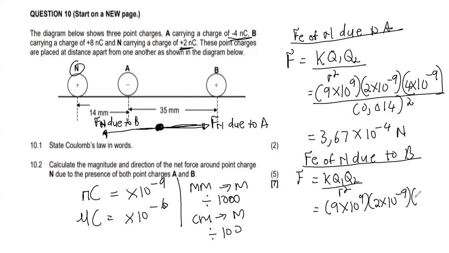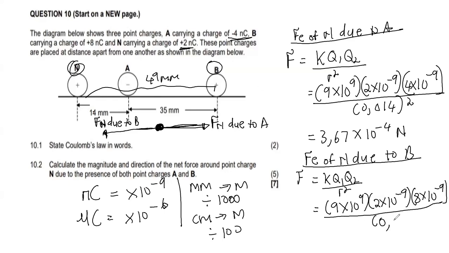And then for B, we are told it's 8 times 10 to the exponent of negative 9, right? Over the distance now between point charge N and point charge B, we have to consider the 14 millimeter plus the 35. So 14 plus 35 gives us 49. Then we have to divide that by 1,000. So 49 millimeter divided by 1,000 is 0.049, then square.